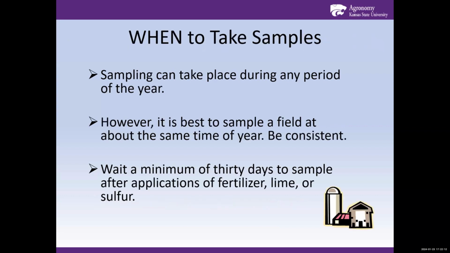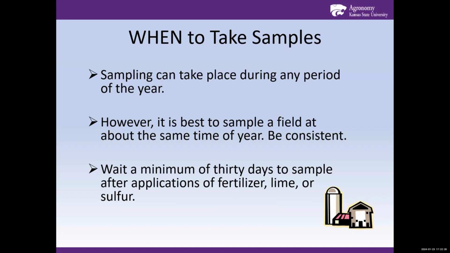Now, sampling can take place any time of the year, but there are some considerations you might want to take into account. For wheat, you're typically going to be pulling those in the late summer time frame, prior to planting wheat or any fertilizer applications.